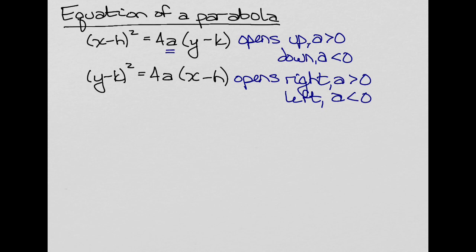There's a bunch of stuff in here. Let's take a look at all this stuff and see what it all means. Any parabola is going to have a vertex, an extreme point, and that vertex is its point h comma k.